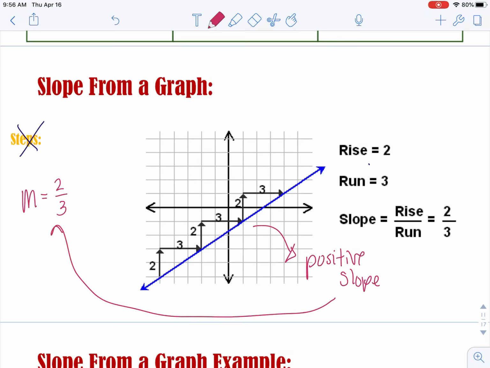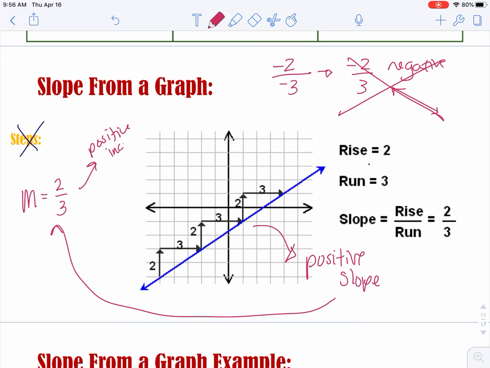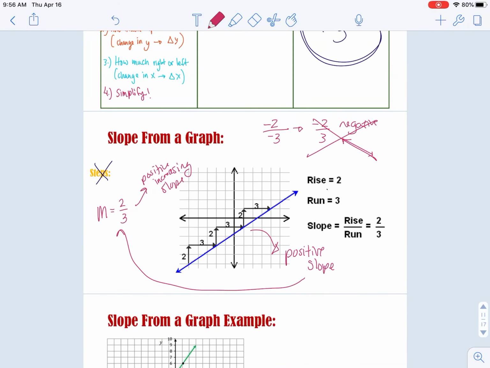So my answer must be positive. Had I said, oh, it goes down 2 and to the left 3, and I wrongly simplified that as -2/3, that's a negative slope. That means it would be going down. And that automatically tells me that I did it wrong, because this is a positive slope. It's an increasing slope, which is the same as a -2 over a -3, because that makes positive.